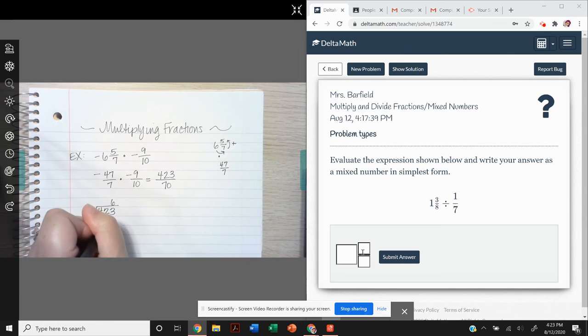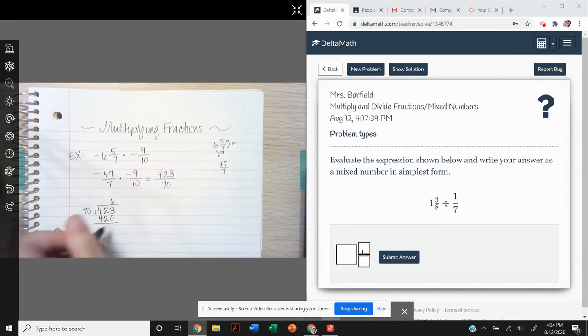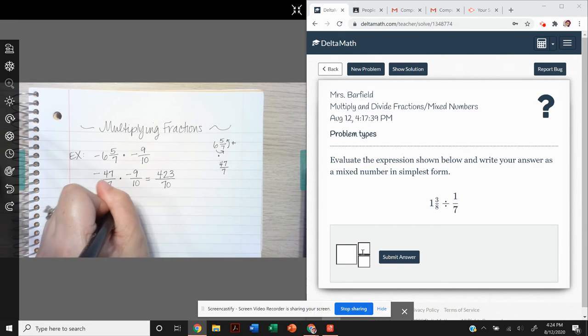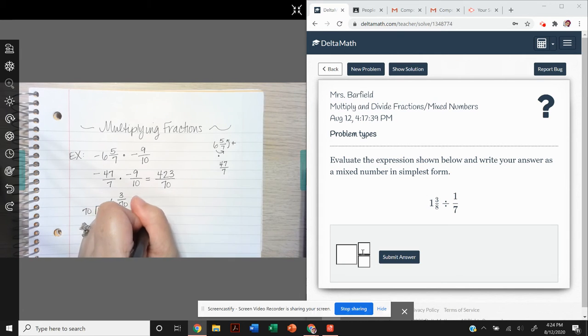So 6 times 0 is 0. 6 times 7 is 42. Then I subtract and I get 3. 7 can't go into 30, so that becomes my remainder. I write that as 3 over 70. So my final answer here in mixed number form is 6 and 3 over 70.